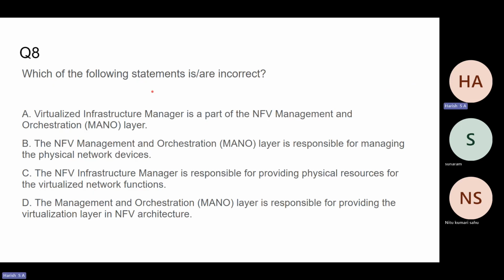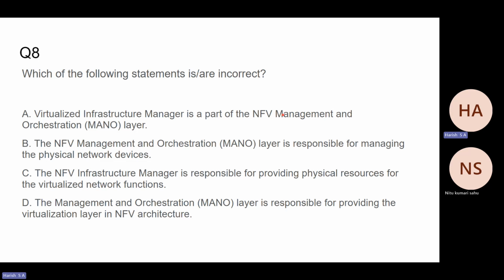And which of the following statements is true? Virtualized infrastructure manager is a part of the NFV management and orchestration layer. There is this layer called the MANO layer, which is called the management and orchestration layer.